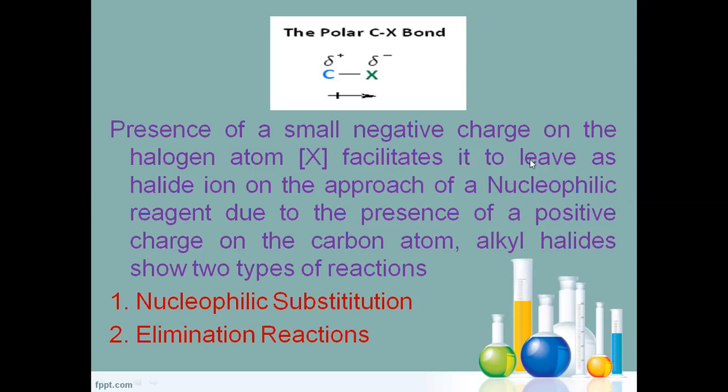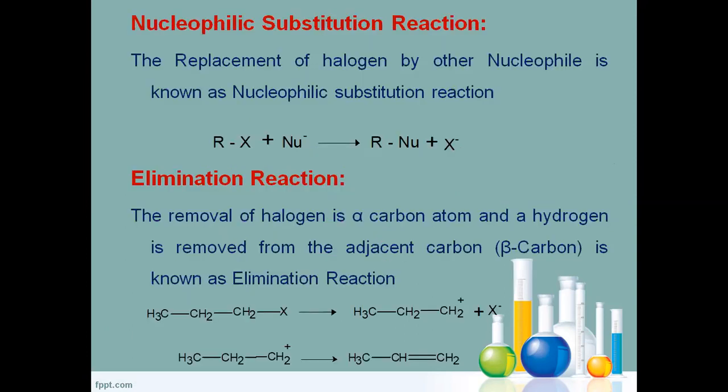What is a nucleophilic substitution? The replacement of halogen by another nucleophile is known as a nucleophilic substitution reaction. Your X is replaced by another nucleophile, so it is called a nucleophilic substitution reaction.